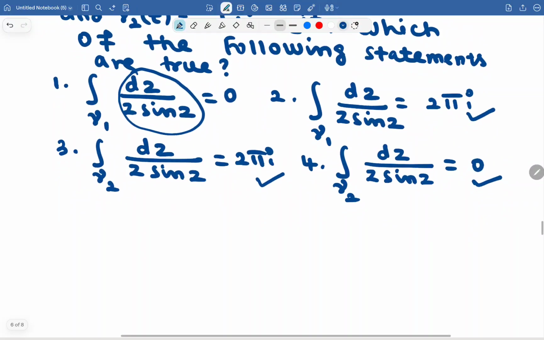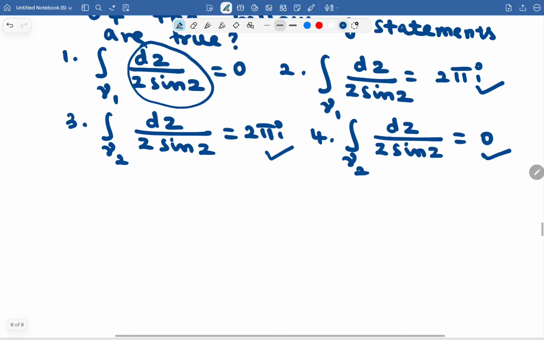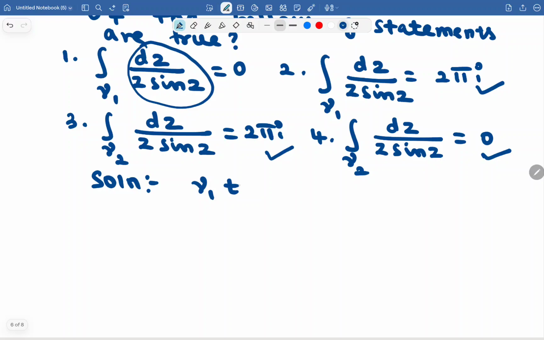First of all, solution. What is γ1 of t? e^(it). That is |z| < 1.